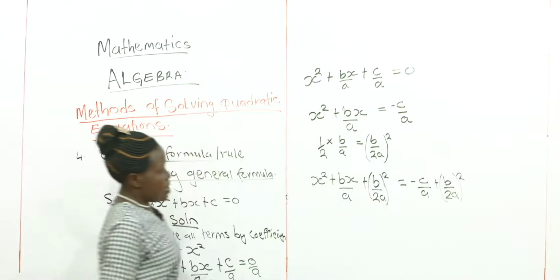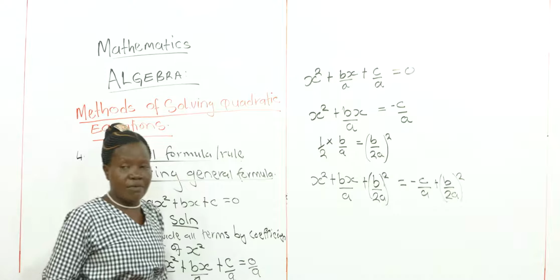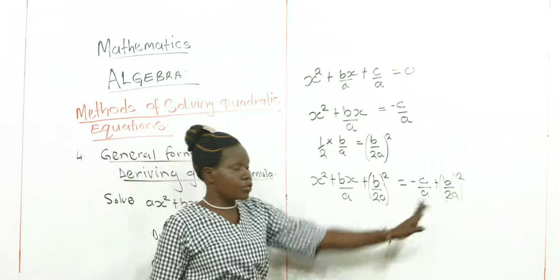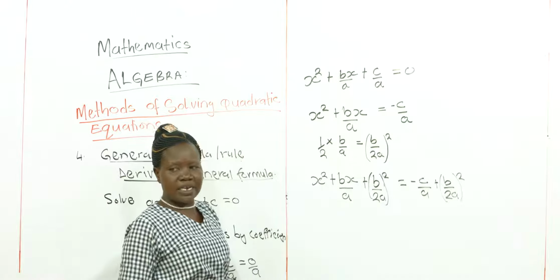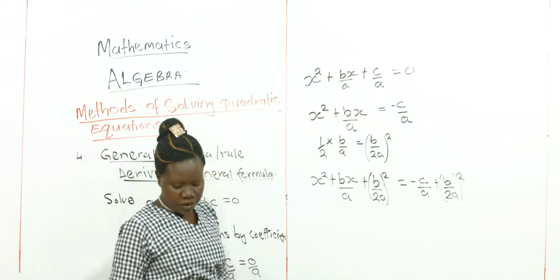So at that level, you have added the squares to both sides. Now you make the left side a perfect square.